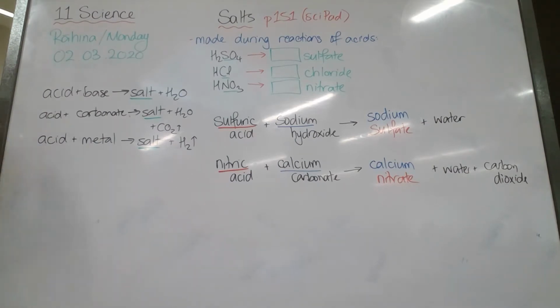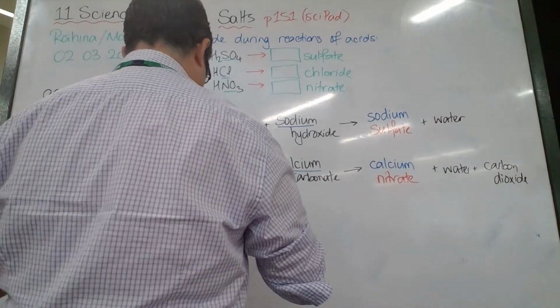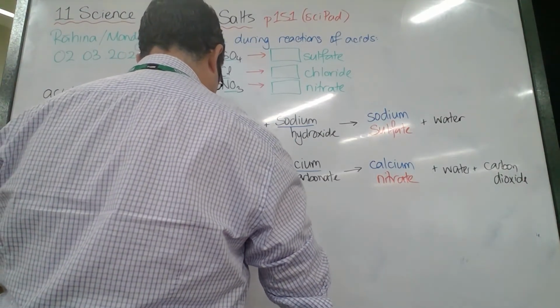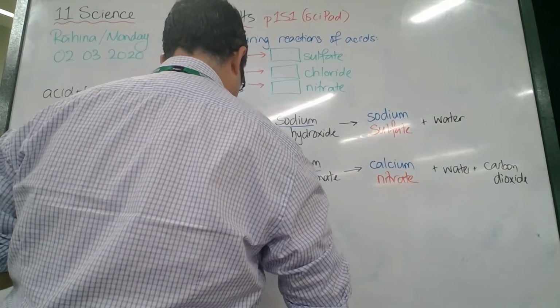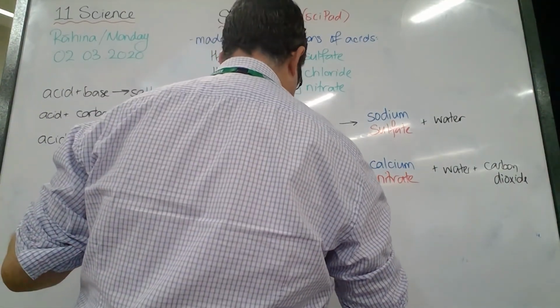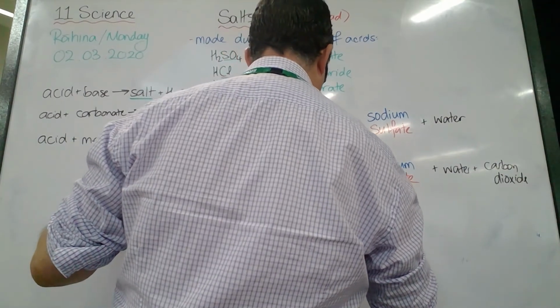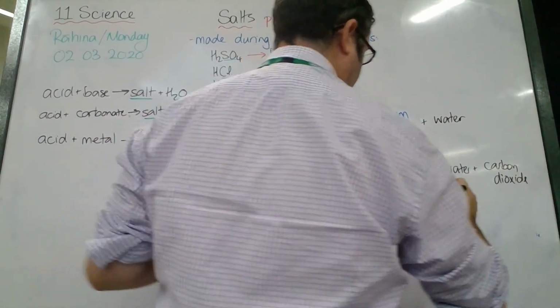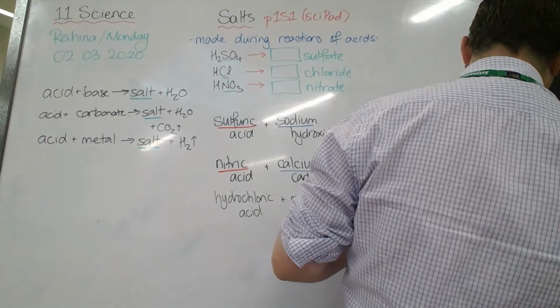And the last one: we're going to do metals and acids a bit later in this topic, but it's good to use those so you understand the salts they make as well. If I have hydrochloric acid and I react it with magnesium, you will learn that that makes hydrogen.